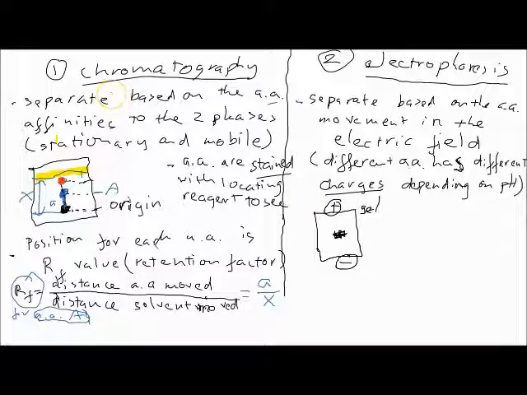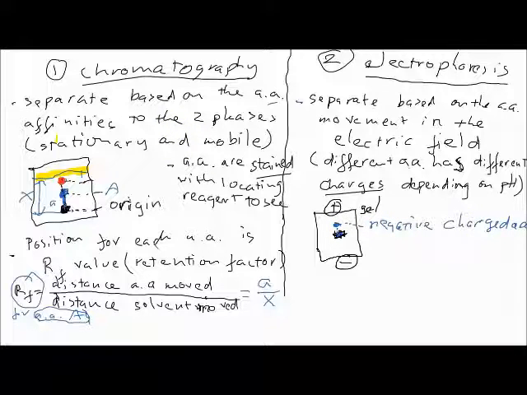If you have a protein or amino acid that is negatively charged, it is going to move toward the positive charge, and then you're going to see it over here.